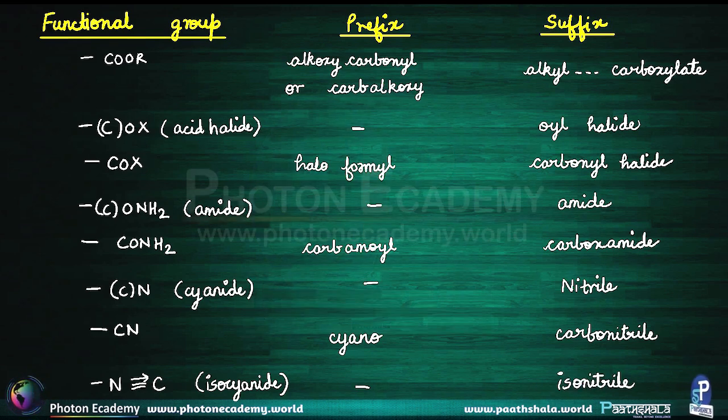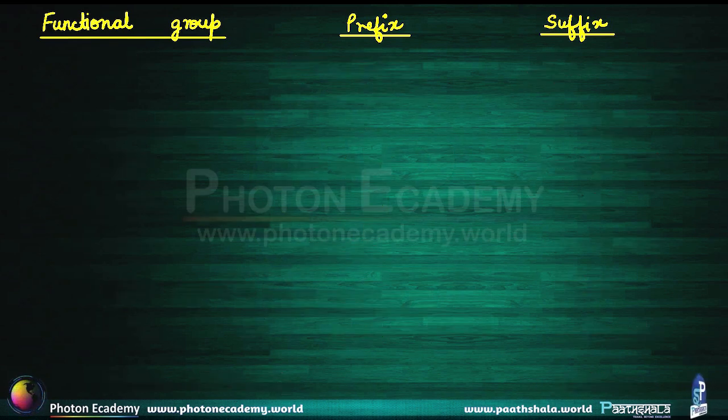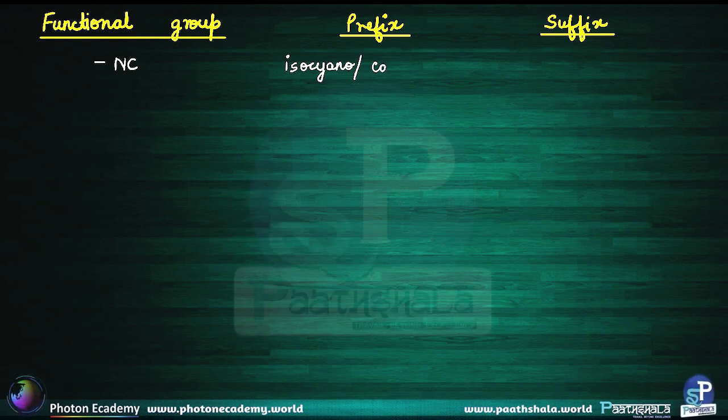Moving on, if we have NC as a whole, then the prefix becomes isocyano, or it can be carbylamino. Also, the suffix can be carbylamine. So here we use carbylamine.